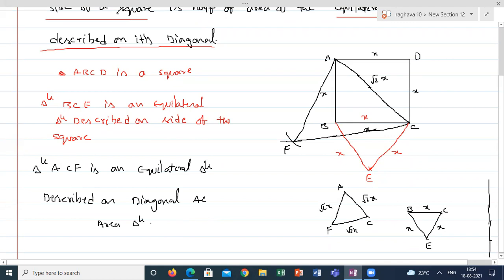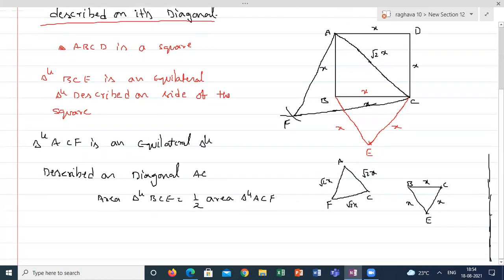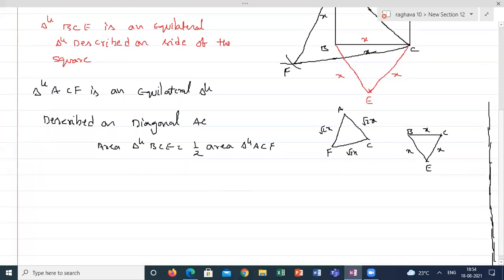Area of triangle BCE is equal to half of the area of triangle ACF. One way is using the right angle triangle concept, you can do it. You know what is the area of the triangle? Two equilateral triangles are always similar to each other. Will you agree, guys? Students, all the equilateral triangles are similar to each other.